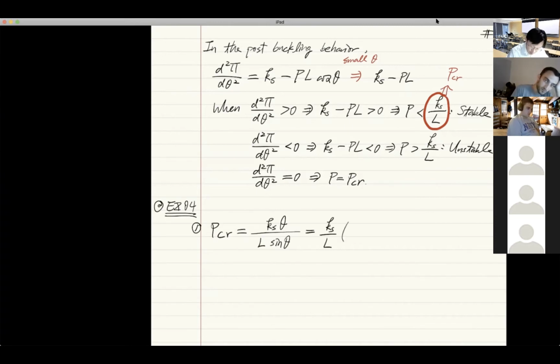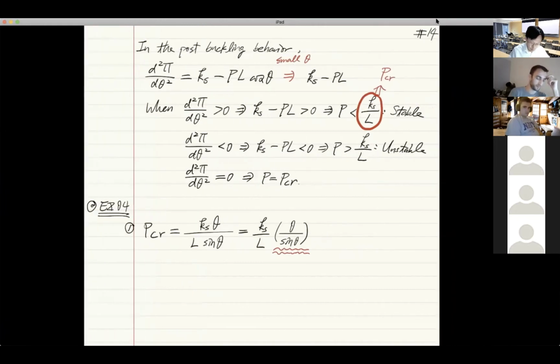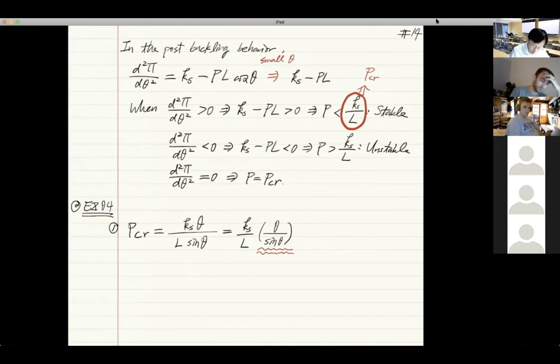And this ratio is just theta over sine theta, correct? That's the only difference, which is this. Agree? And this is the result of what we call large deflection.